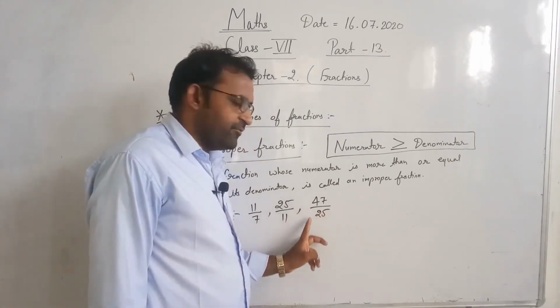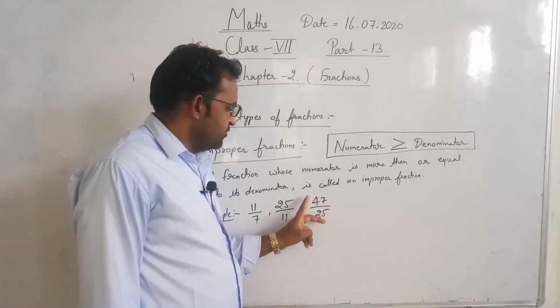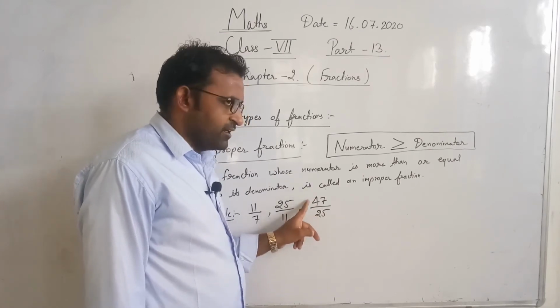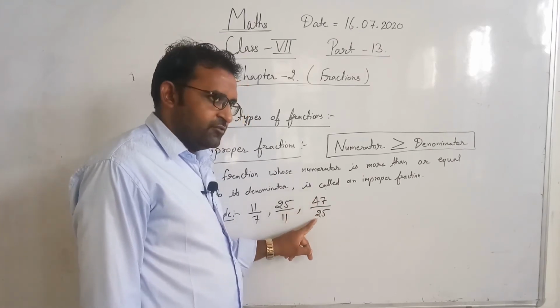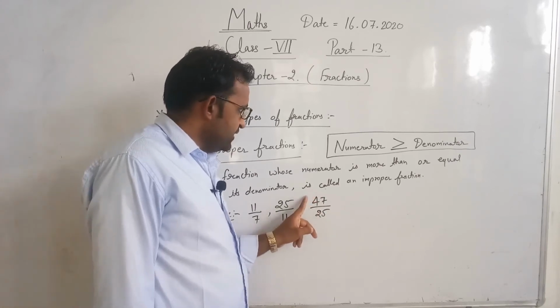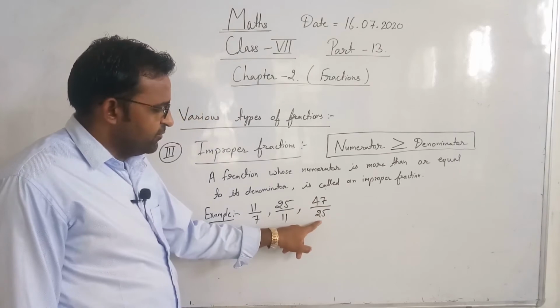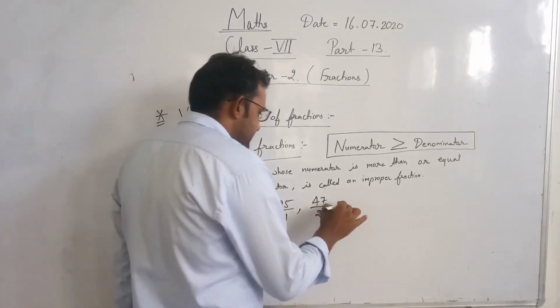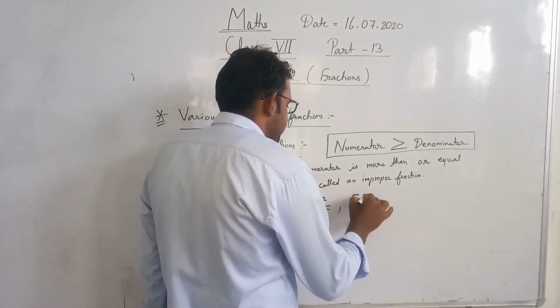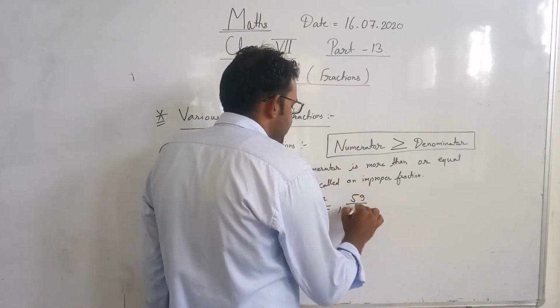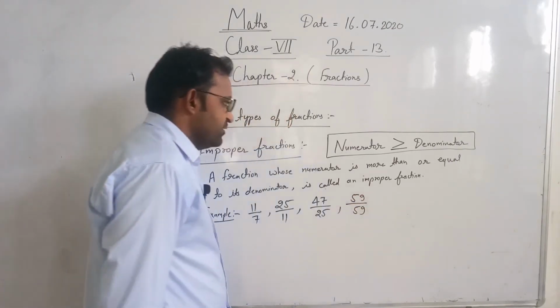The numerator is 47 and the denominator is 25. So the numerator is greater than the denominator. And next example, 59/59.